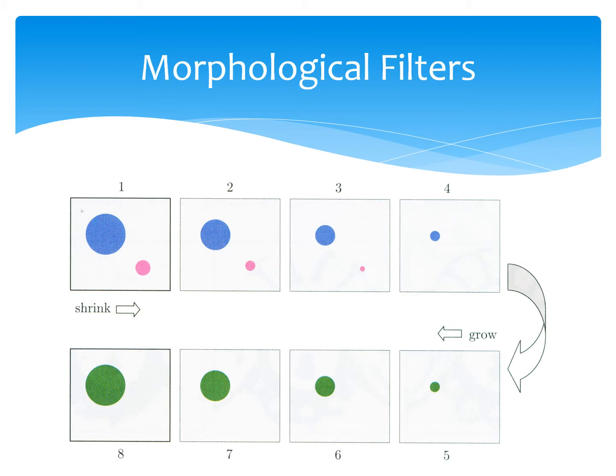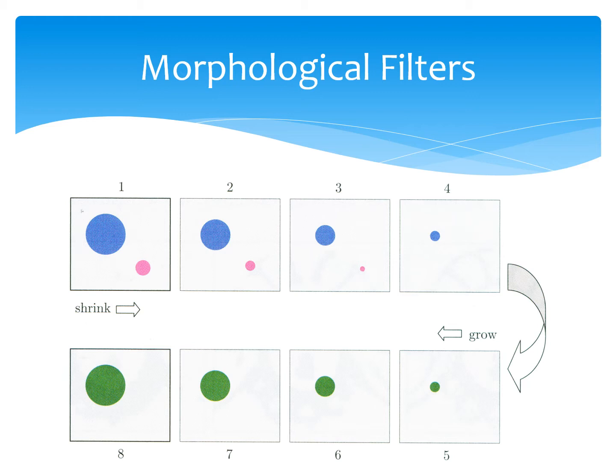The idea behind using morphological filters to remove noise is the process of shrinking and growing. As you can see, the top row from the left to right depicts the shrinking process, and the bottom row from the right to left shows the growing process.